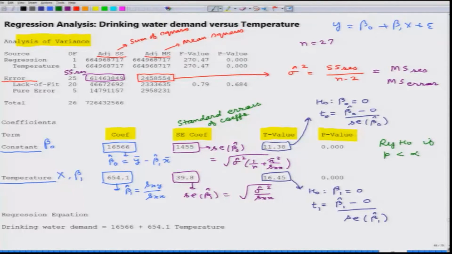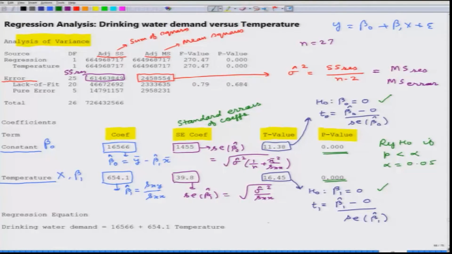Alpha is the level of significance, and you can recall that in the Minitab software we had set it to 5%. So, now in our case alpha is equal to 0.05, and here you can see that this p value is coming out to be very close to 0, and in this case also this p value is coming out to be very close to 0, for H naught beta 0 equal to 0 and H naught beta 1 equal to 0.